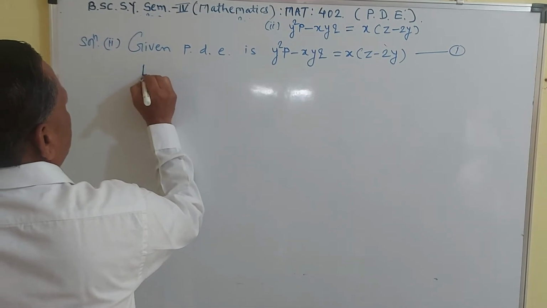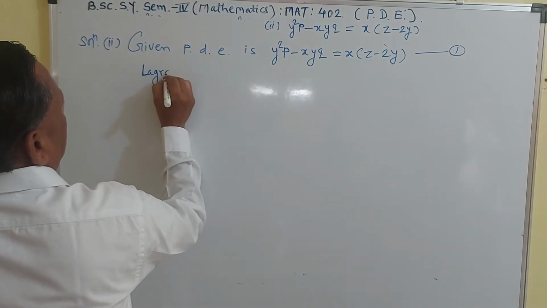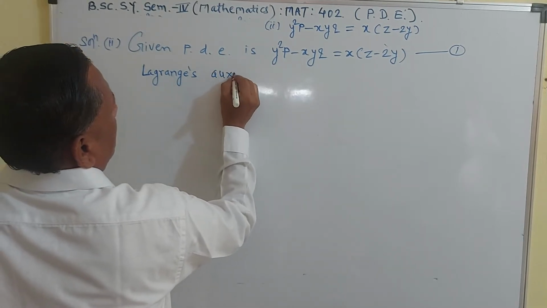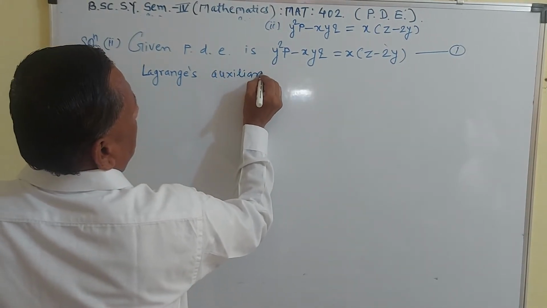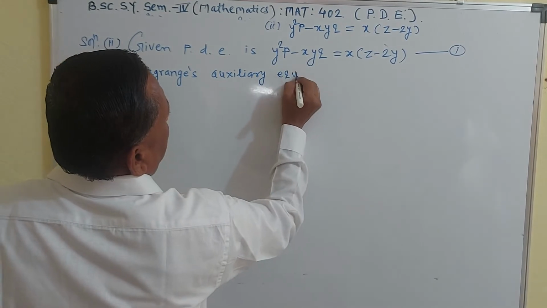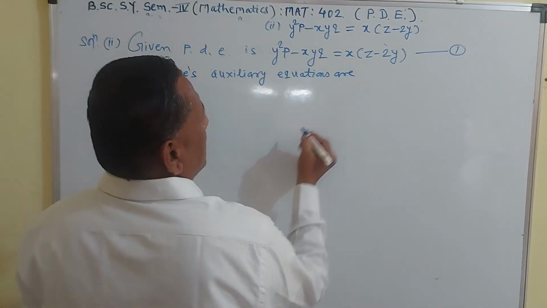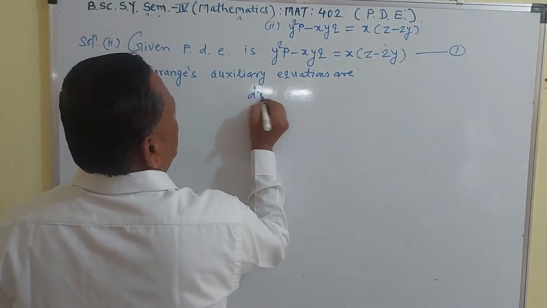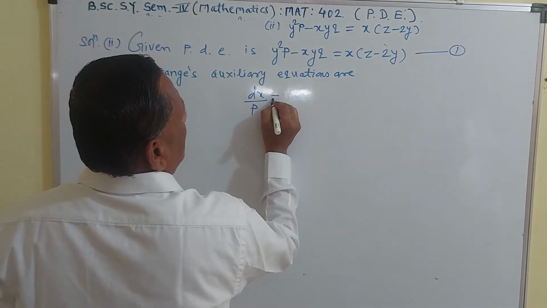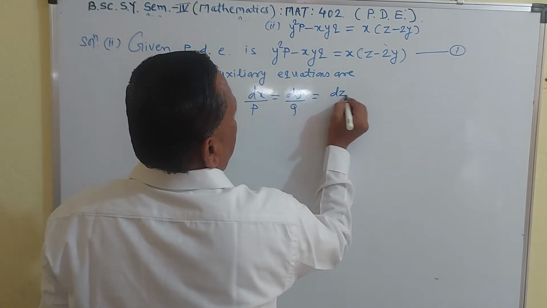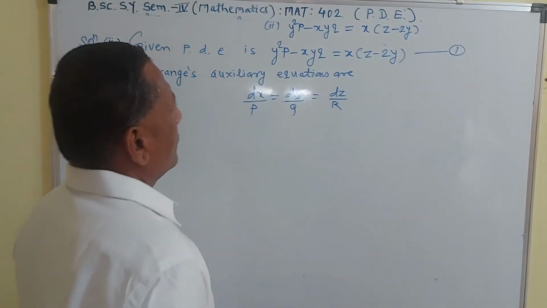The Lagrange auxiliary equations are of the form dx/P = dy/Q = dz/R.